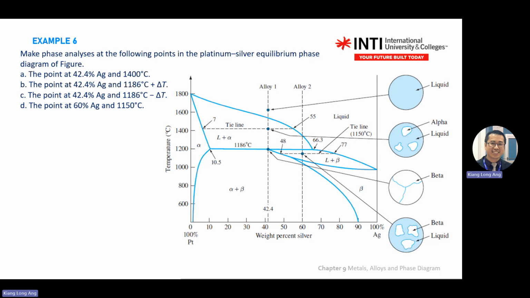Okay, so let's look at this example number 6. When you look at the diagram, you should already know what is the y-axis, which is your temperature, and the x-axis is how many components you have. In this one, you have a binary system where you have 2 components, which is Pt and Ag.